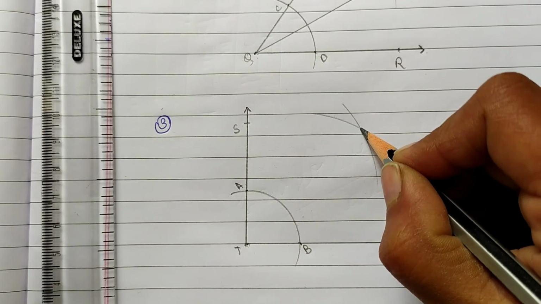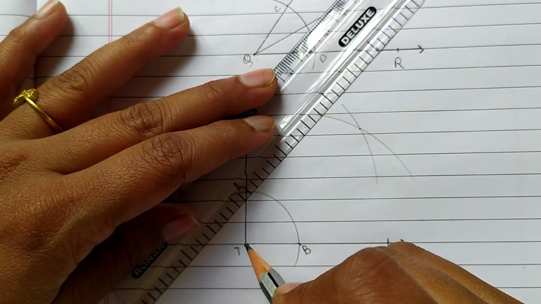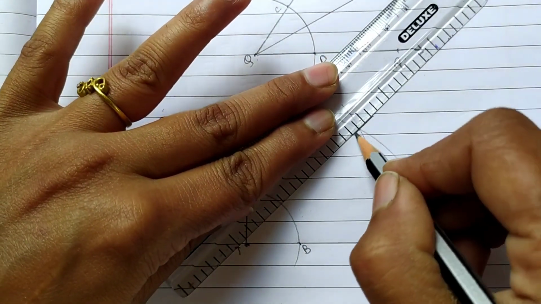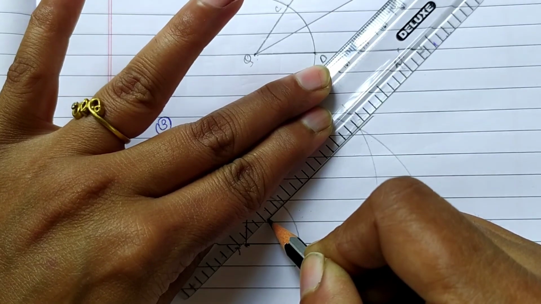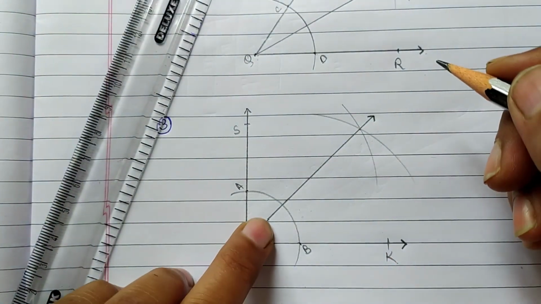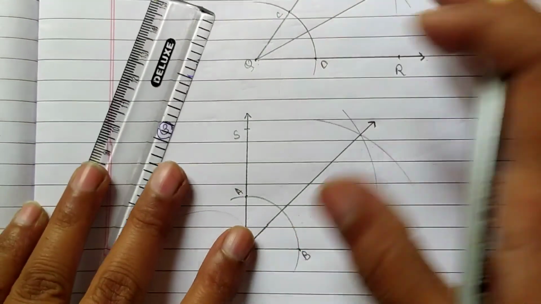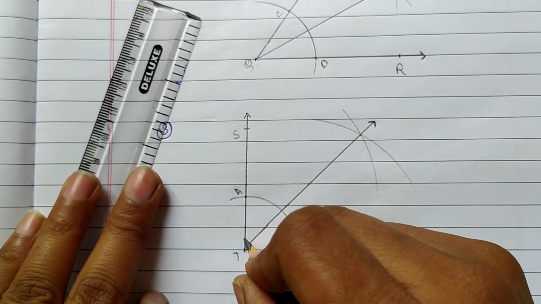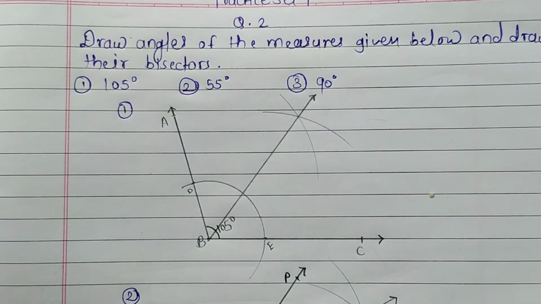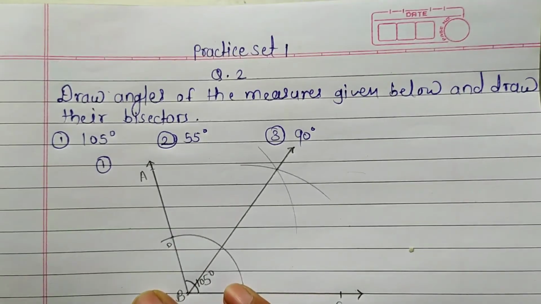Now here we get intersection point. Join this point to T. Like this. This is the angle bisector of our angle of 90 degree. So this is the solution of question number 2 in practice set 1.